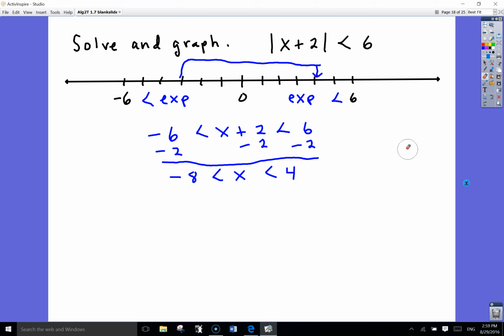If you set this up with two different inequalities and solve it, you must use the word "and." And when you graph it, make sure you are showing the solution as including only those values in between -8 and 4.